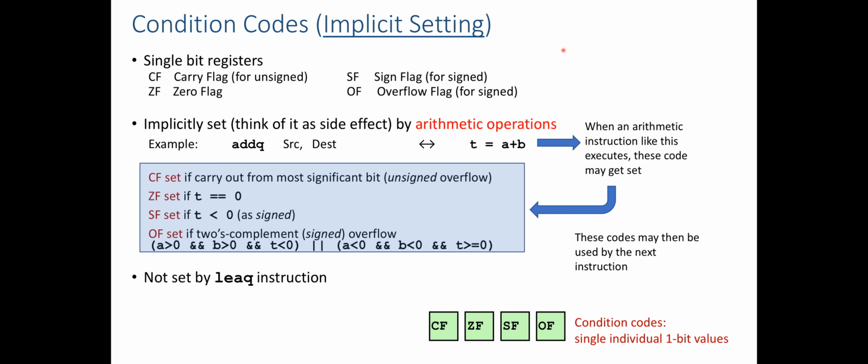And so depending on what the compiler writer chooses to do about certain situations, it's possible to check these flags. We're going to see much more when we talk about explicit setting of these, we're really going to see how the values of these condition codes are set. So let's look at that example.